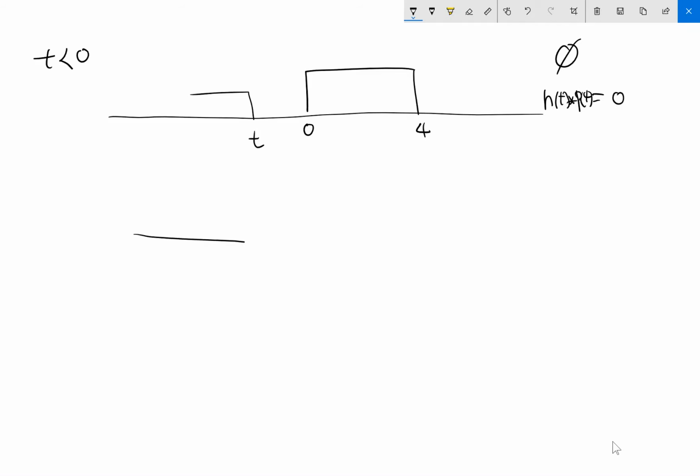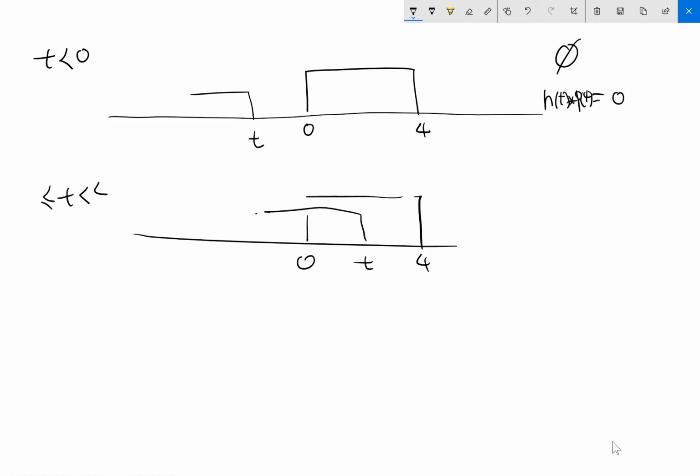And then t goes inside 0 and 4, so the next range is t greater than or equal to 0 and less than 4.